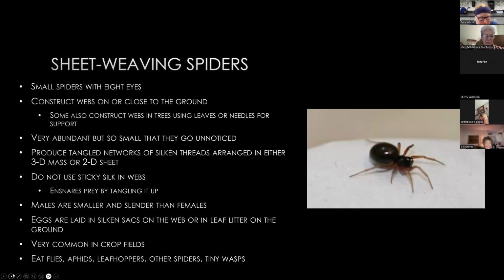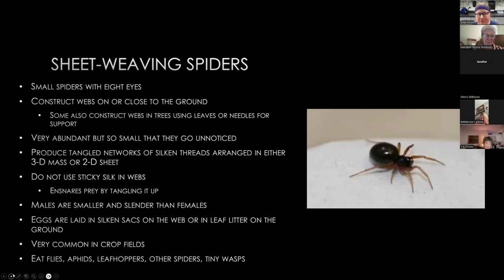Let's talk about sheet weaving spiders. These are itty bitty spiders, to the point where you may not even know that they're around, honestly. These are more common in our ag lands as well. They do have 8 eyes. A lot of times they're going to construct webs on or very close to the ground.